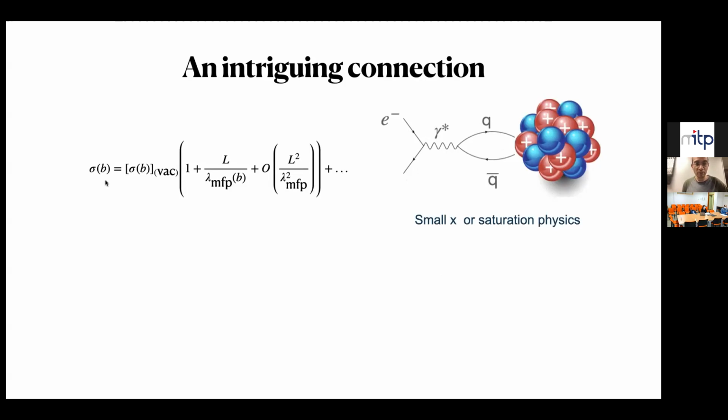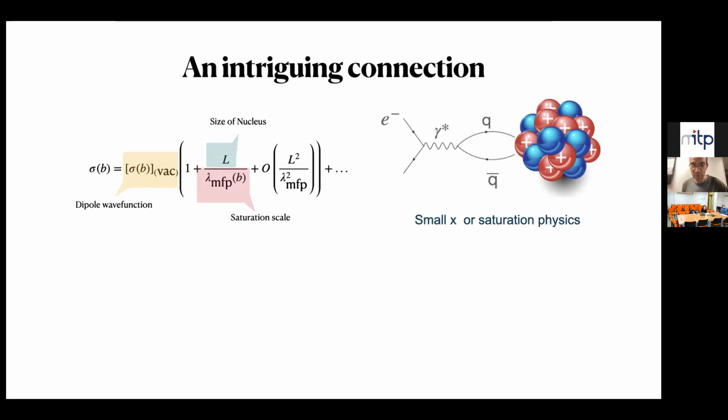Now, looking at this formula that I have derived for heavy ion collisions, I can make a direct identification with small x physics. In the sense, I can see that this sigma vacuum basically substitutes for the dipole wave function, which is probing the nucleus. The length of the medium, in this case the QGP, basically substitutes for the size of the nucleus. And the lambda mean free path here is basically substituting for the saturation scale.